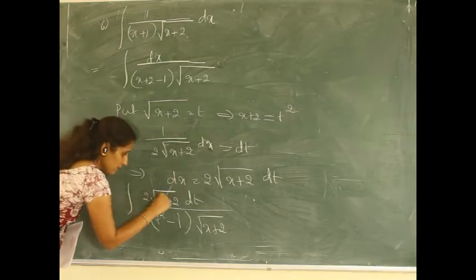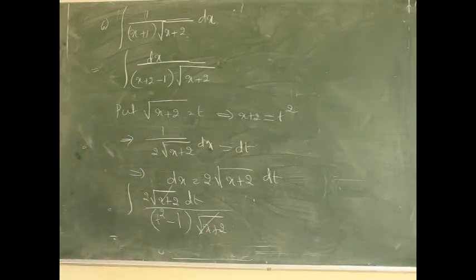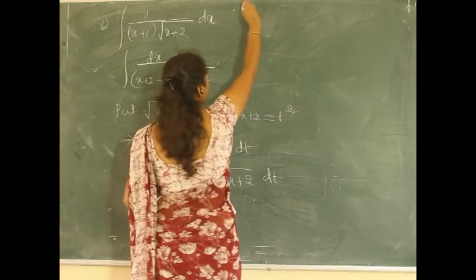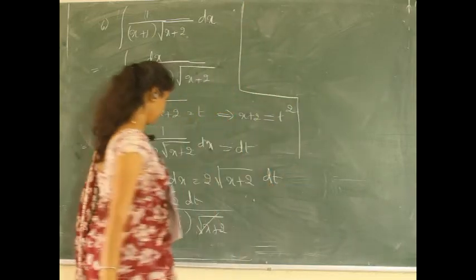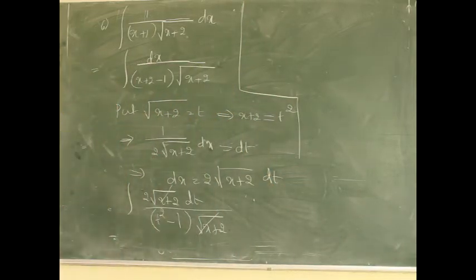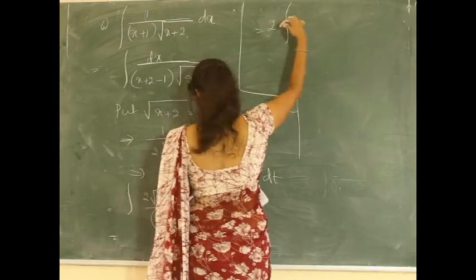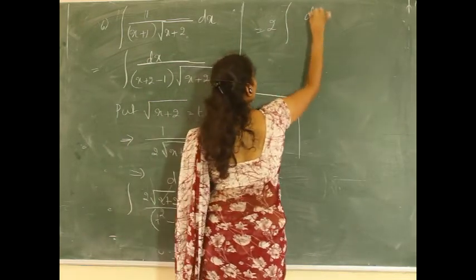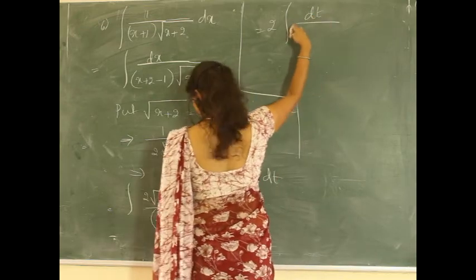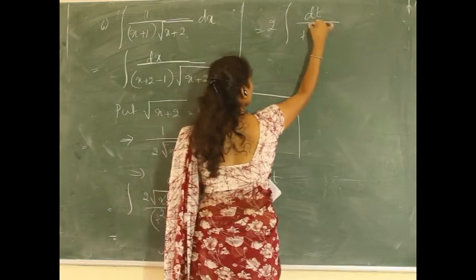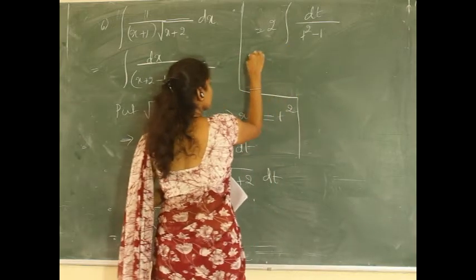Then we can cancel these terms. The remaining terms will be 2, a constant, into the integral of dt divided by t square minus 1.